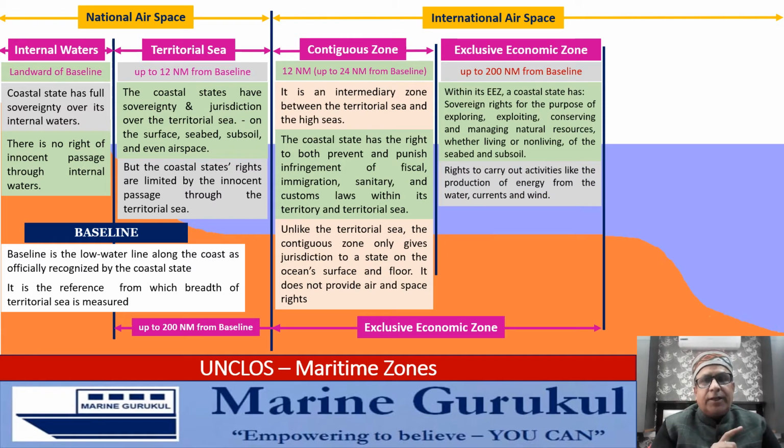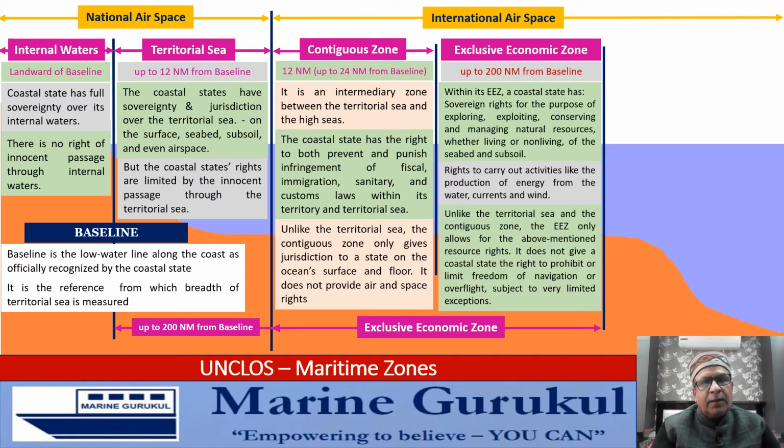The coastal state also has a right to carry out activities like production of energy from water, currents, wind, etc. Unlike the territorial sea and the contiguous zone, the EEZ only allows for these activities related to natural resources.